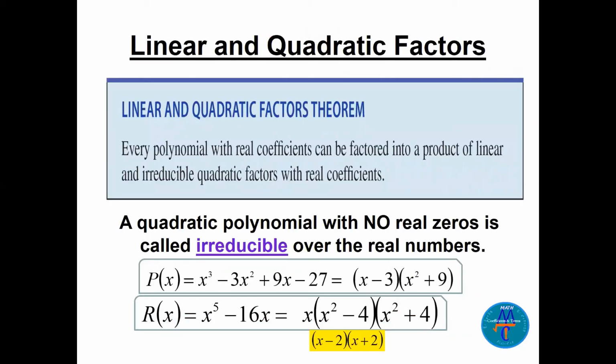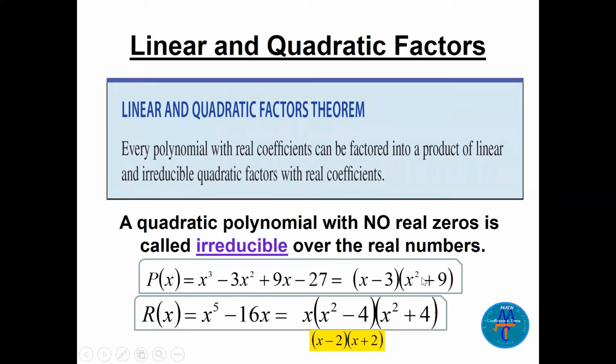Linear and quadratic factors. Every polynomial function we can factor into linear and quadratic factors. A quadratic polynomial with no real zeros is called irreducible over the real numbers. So if we have x squared plus 9 or x squared plus 4, we cannot factor it in real numbers.